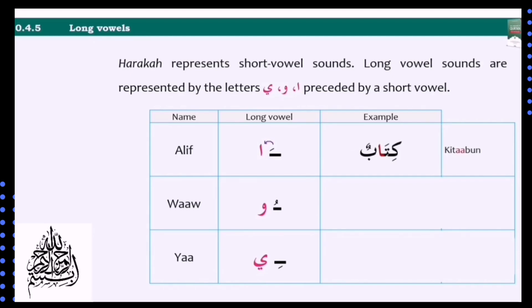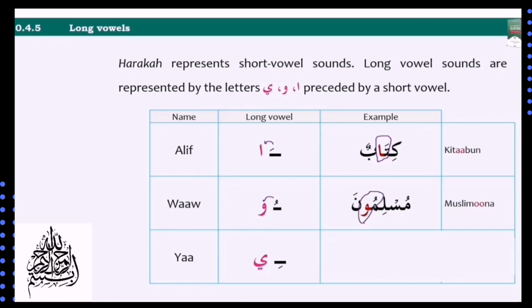Okay, and then we have the second one, which is the dhamma. Again, please notice the dhamma followed by a waw. Not dhamma on its own, followed by a waw. So for example, here we have Muslimuna. So these two in combination elongate the sound. It's not Muslimuna, Muslimuna. And we have the last long vowel, with a kasra followed by a ya.